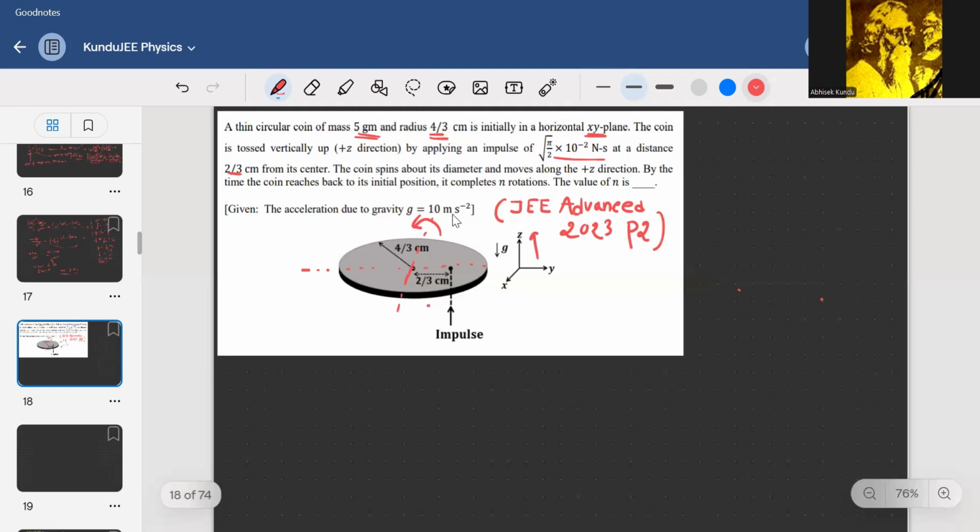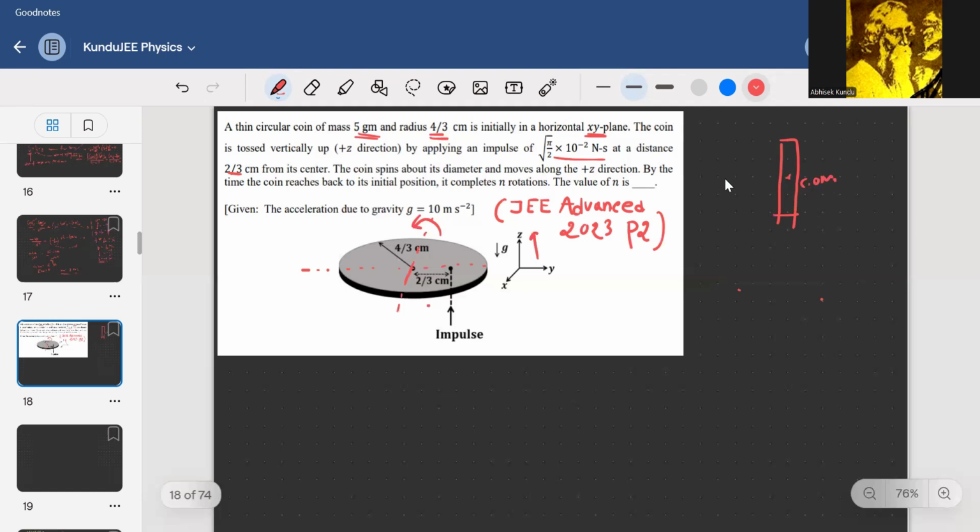Okay. So now before solving the problem, let us see what physics and mechanics is involved in coin tossing. So suppose this is a body. Its center of mass, suppose it is here, COM.